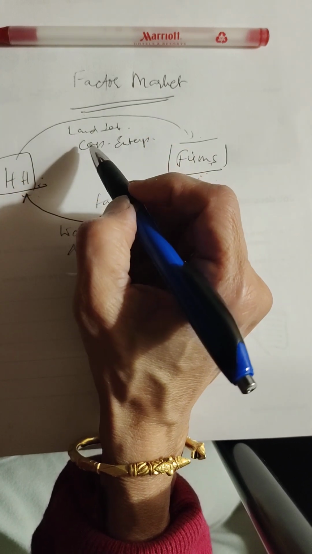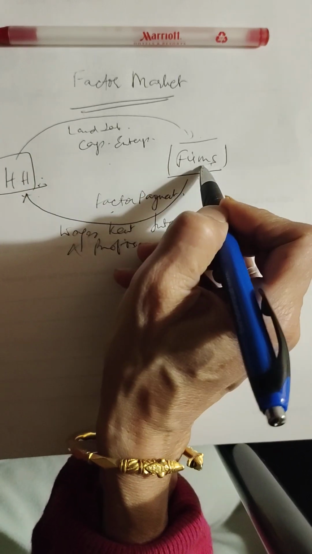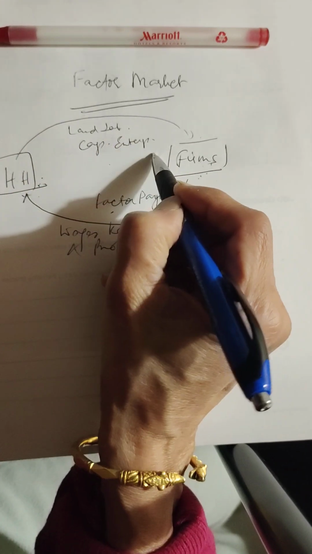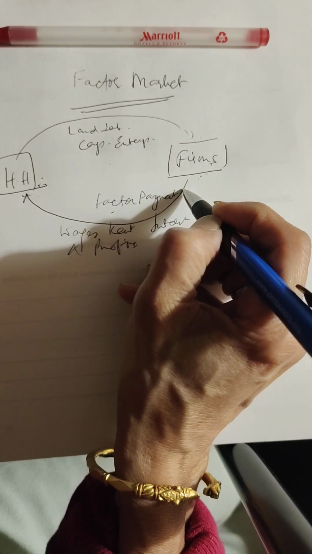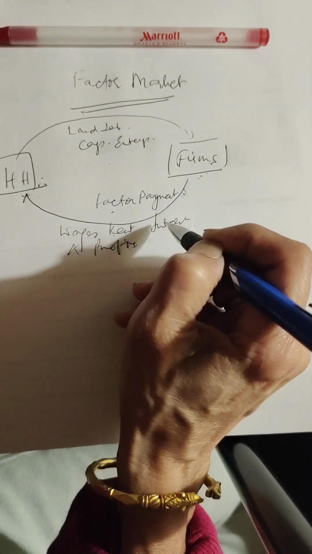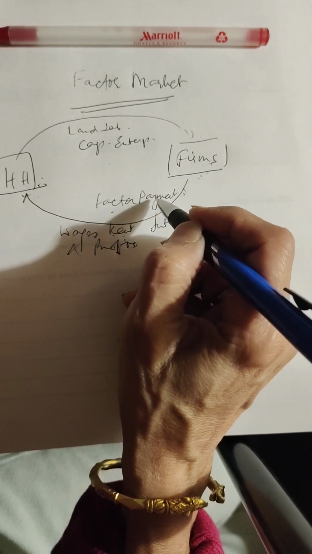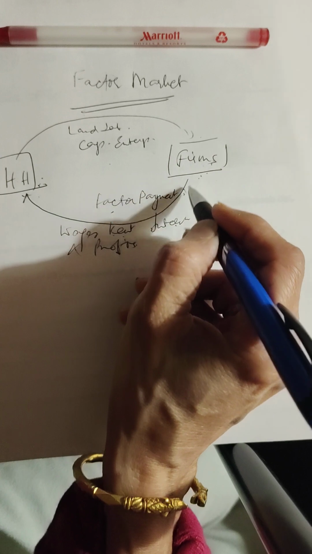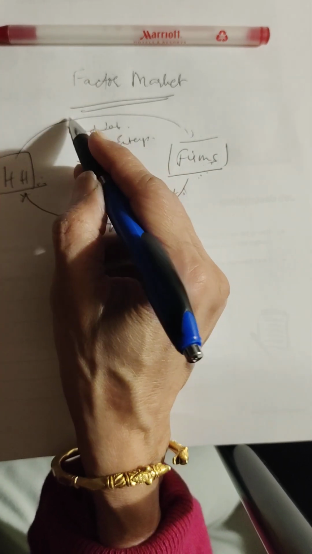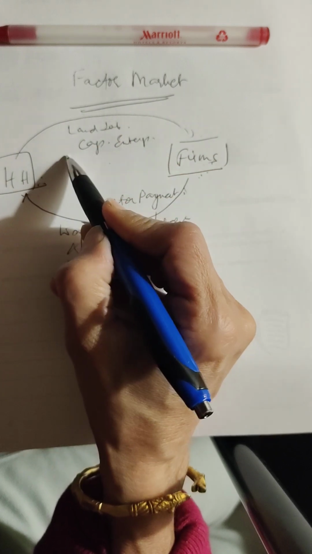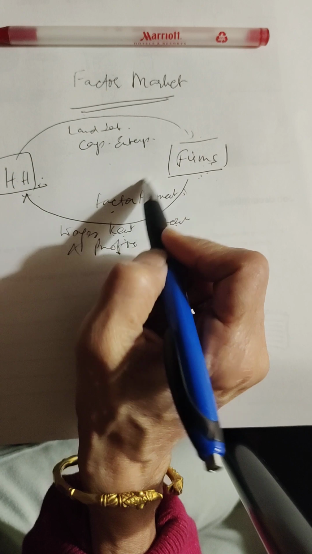What is a factor market? Factors of production given from households to firms as land, labor, capital, enterprise, and factor payments that are made in terms of wages, rent, interest, and profits. That is the flow is complete. That is a factor market. So factor services, factor payments. That is your factor market.